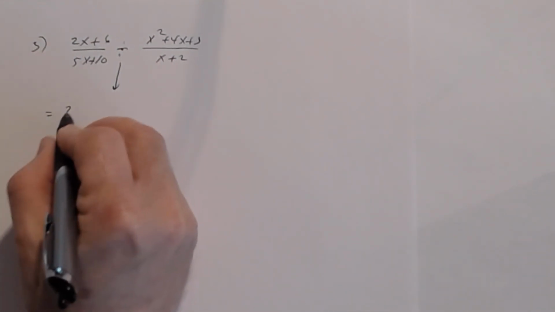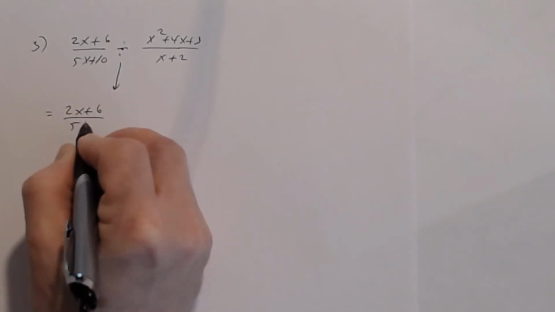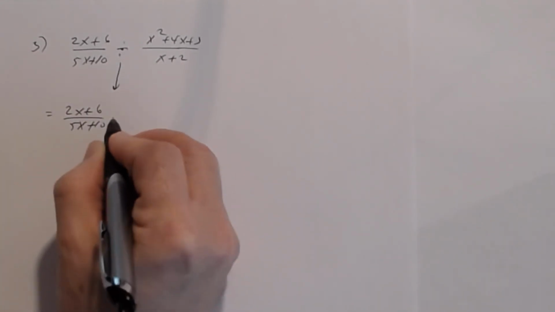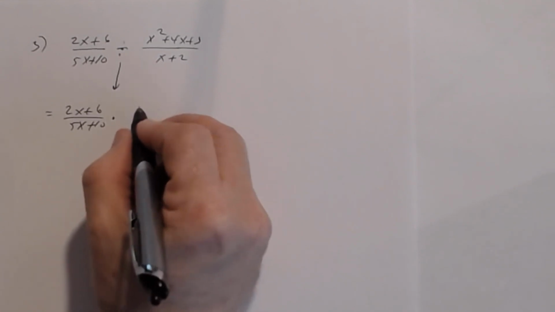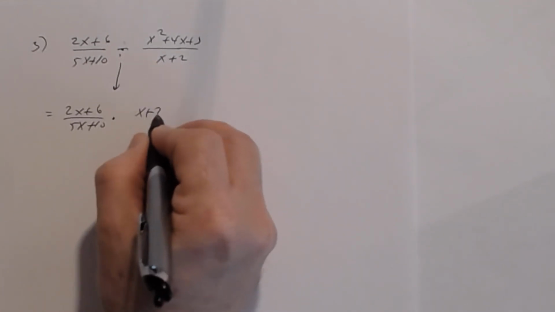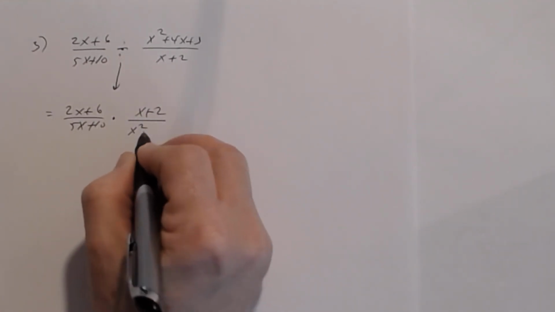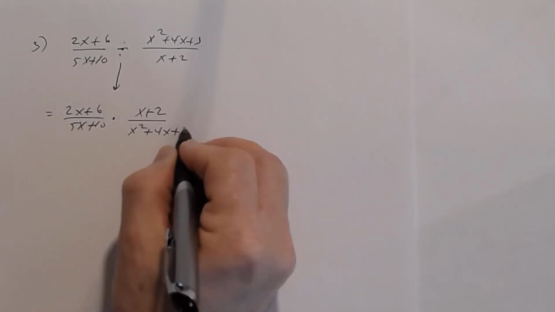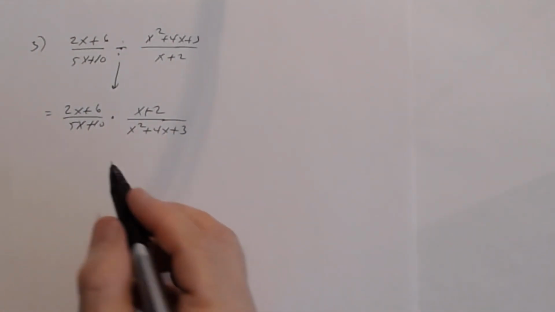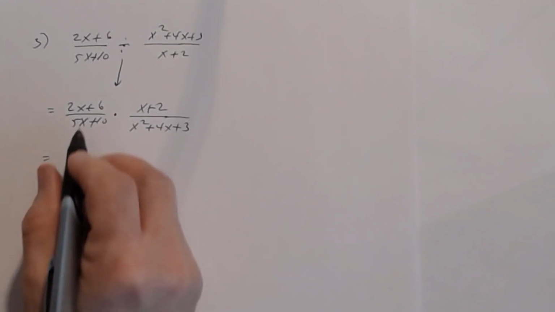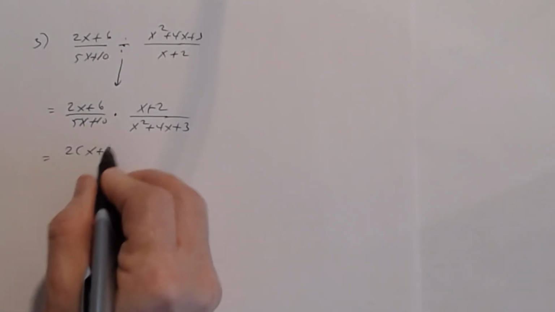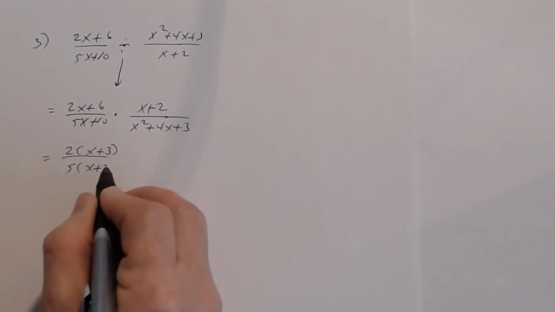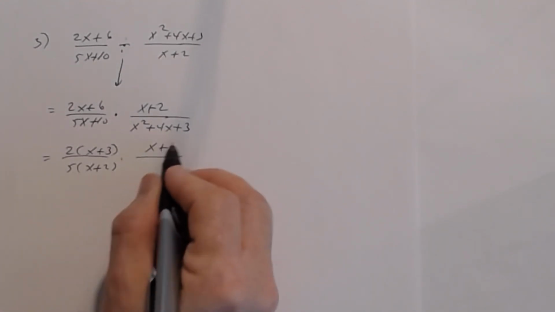All right, so again, the first thing you do is change this to multiplication. So I get 2x plus 6 divided by 5x plus 10 times, and then the reciprocal will be x plus 2 divided by x squared plus 4x plus 3. All right, and then you reduce, then you factor. So that's 2 times x plus 3 divided by 5 times x plus 2 times x plus 2.